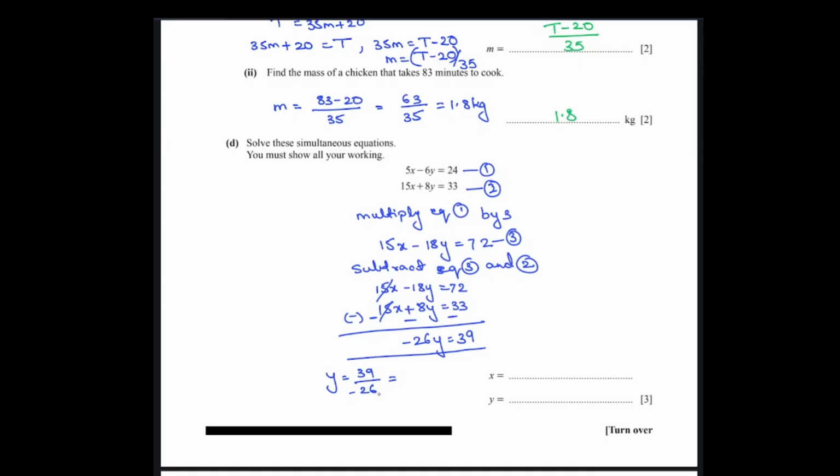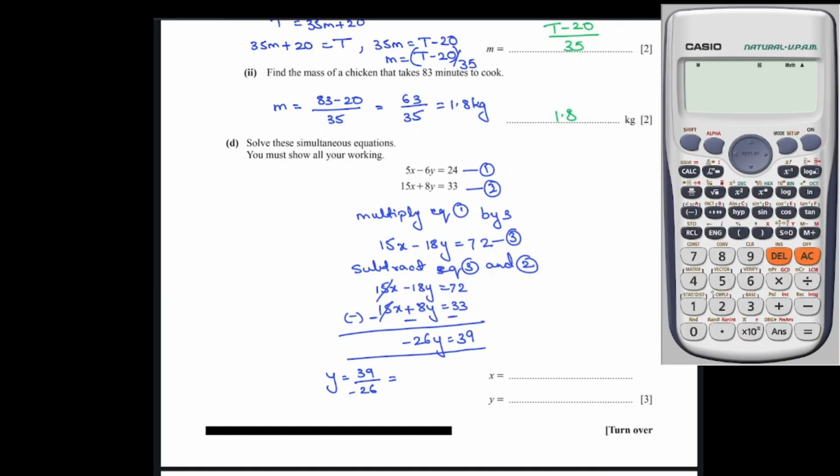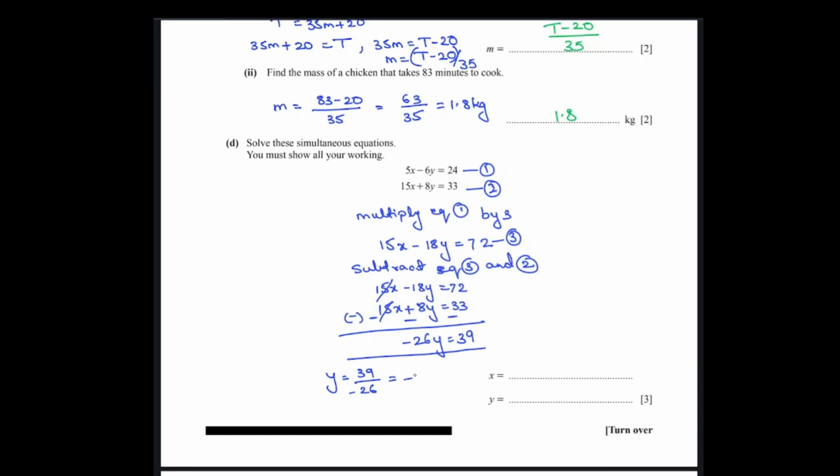I think there is no common factor here. Okay, so let me divide and see. 39 divided by 26, so it is 1.5. So it is minus 1.5. We got the y value. Now find out x.